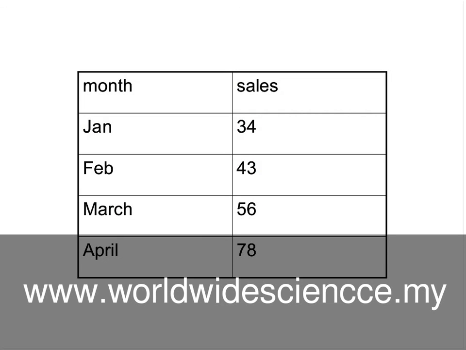For example, January is 1, February is 2, March is 3, April is 4. The sales is clear. You need to make new columns to show X multiply Y and X in power of 2. I give you a few minutes. It's exactly the same. Please calculate the trend line or the line equation.